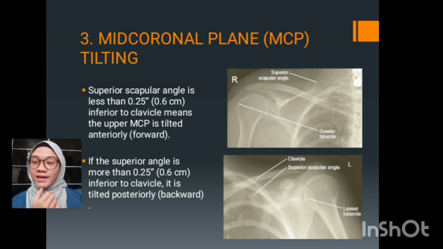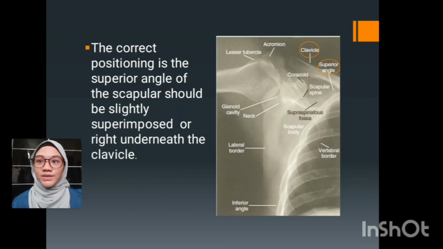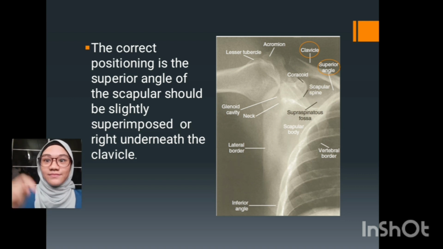But if the superior angle is more than 0.6 cm inferior to the clavicle, it is tilted posteriorly, or backward, as you can see in the example. The superior scapular angle is located way beneath the clavicle. So the correct positioning is that the superior angle of the scapula should be slightly superimposed or right underneath the clavicle.